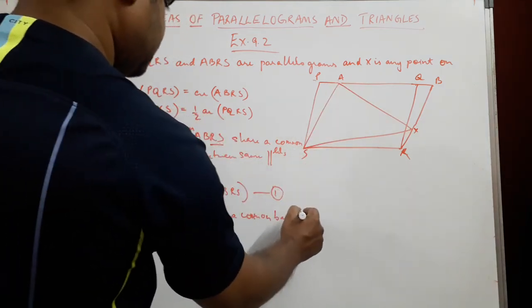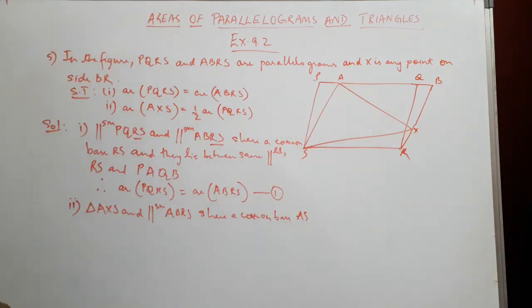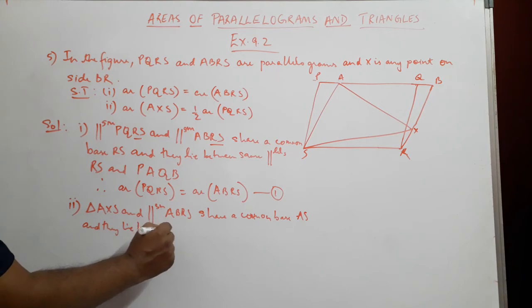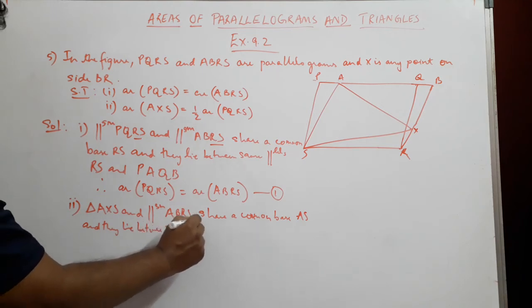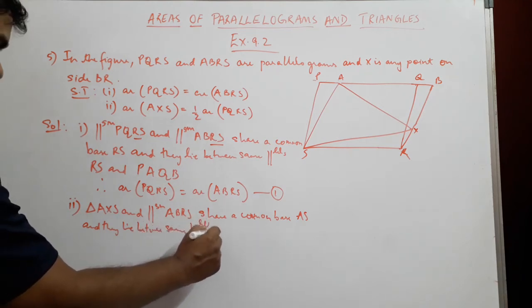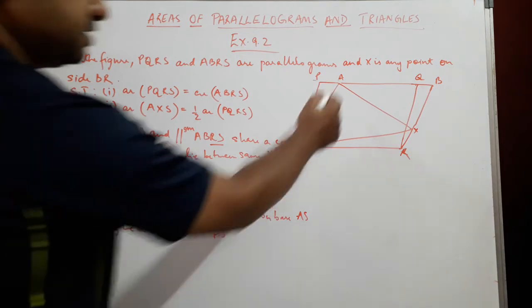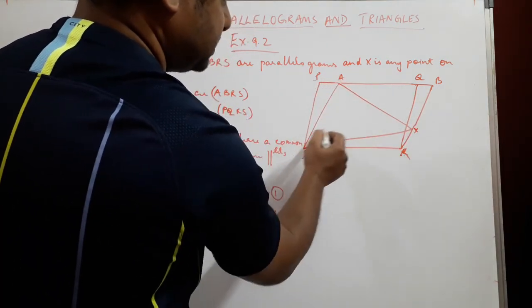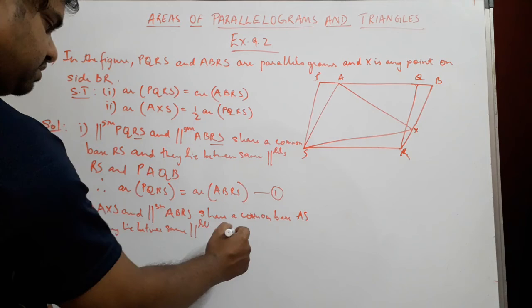Okay, common base AS. And they lie between the same parallels, and they are, one is AS, this one, because it is ABRS, right? One is AS and the other one is BR.